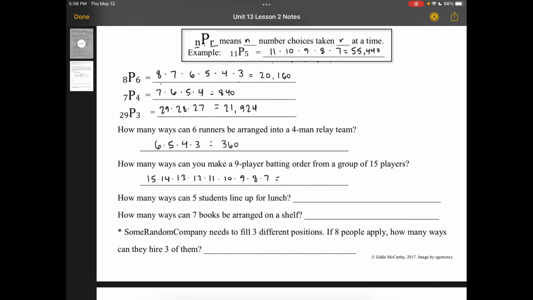And we put this into our calculator: 15 times 14 times 13 times 12 times 11 times 10 times 9 times 8 times 7, which is a big number. I got 1,816,214,400.